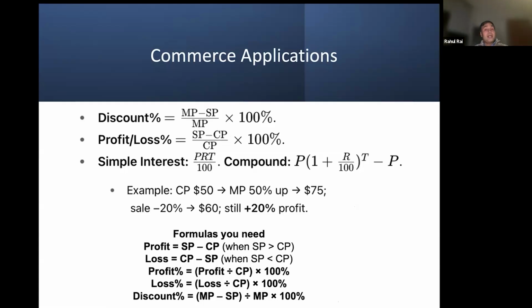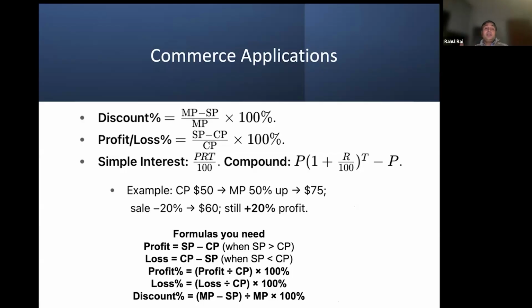This is what the store has paid to someone else to get that item in the store, but they are selling to you at a higher price, which is the sales price. So this is sales price. The cost price is the cost to the store to buy that object. So the profit or loss that the store is going to make will be determined by this overall equation. So you subtract the cost price from the sales price and divide the overall thing by cost price and multiply that by 100, and that will give you the profit or loss the store will be making on that item.